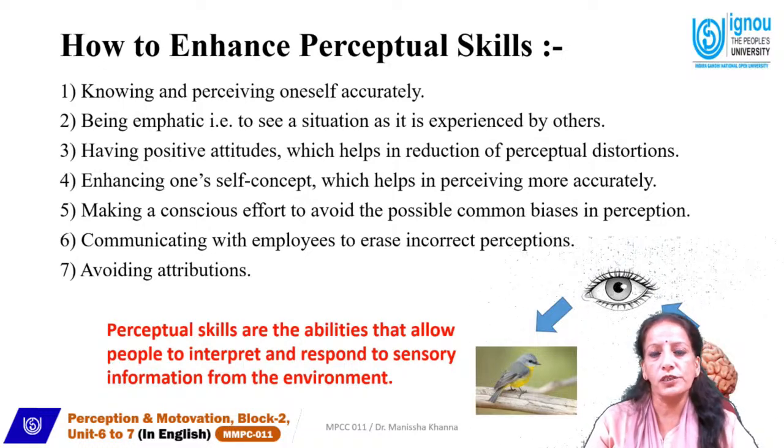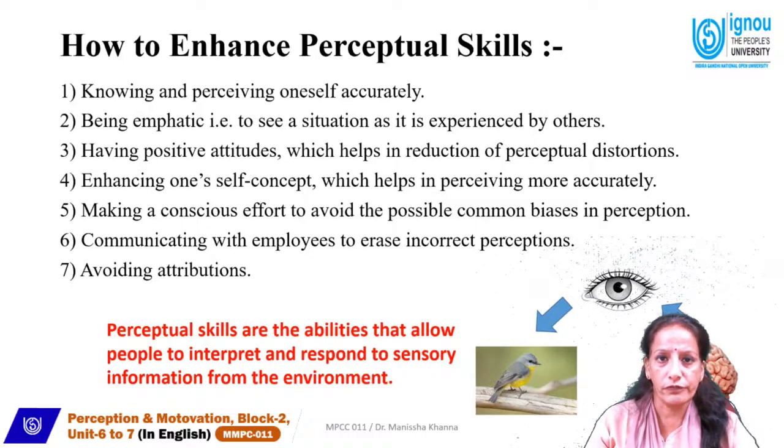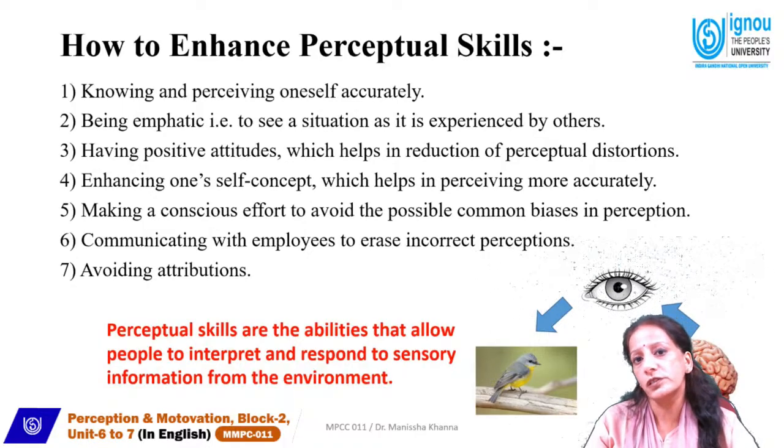So this is how perceptual skills work, sometimes in a fraction of a second. Sometimes we do it with conscious effort, depending on the situation, the object and our own skills also.